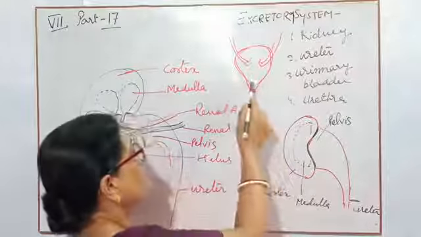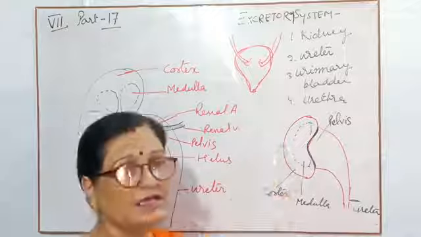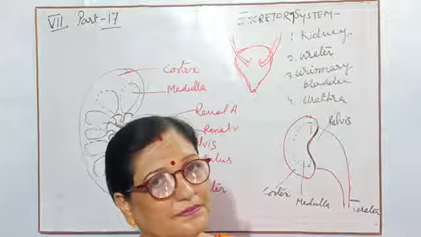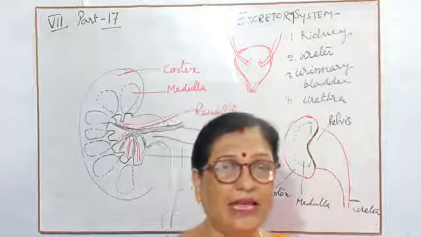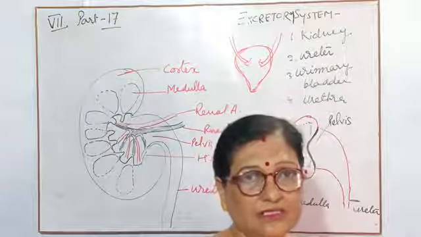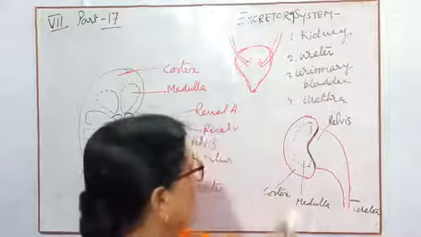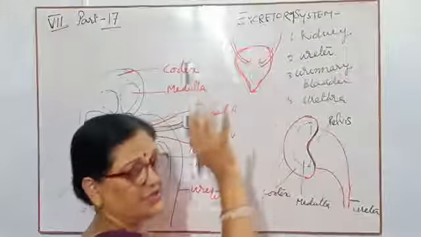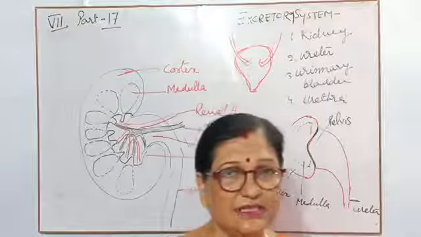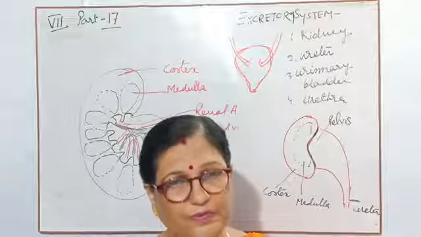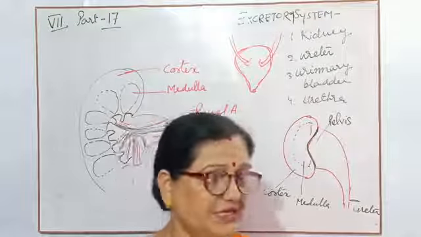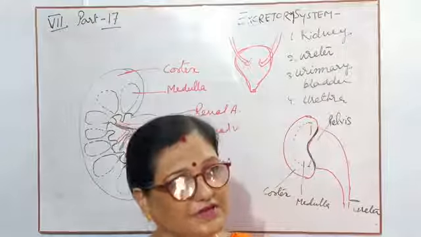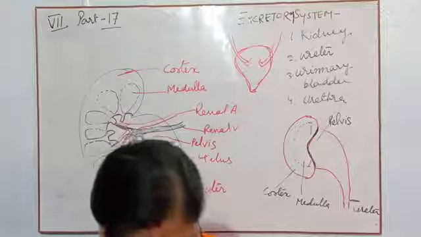Then from the urinary bladder, the nervous system carries the sensation to our brain, and the brain helps us to eliminate or to urinate. That means the urine should be excreted out from the body. Our brain gives the sensation, then we go for urination, and in this way the bladder gets empty.